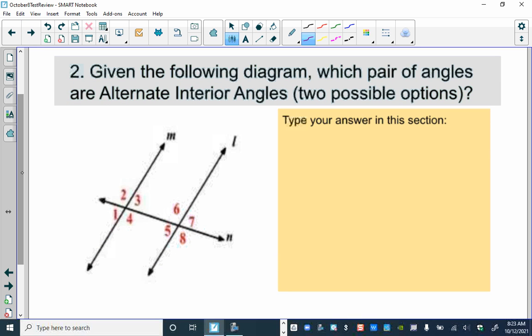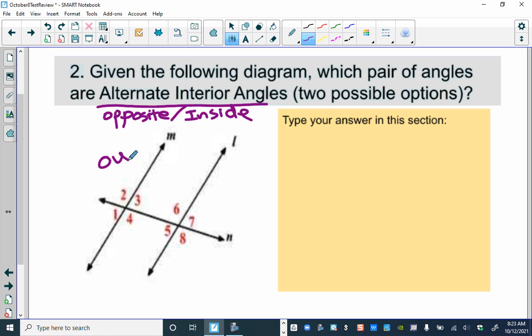Okay, alternate interior. Is opposite inside. Again, out, in, out. All right.